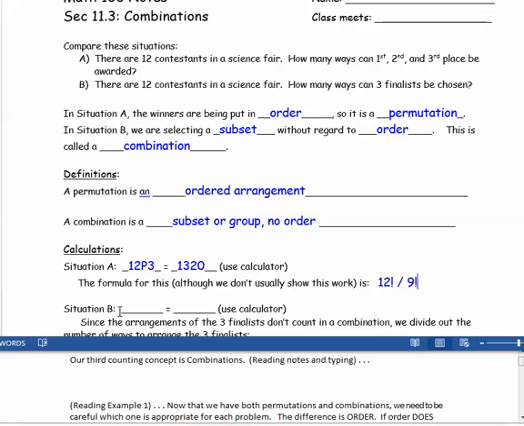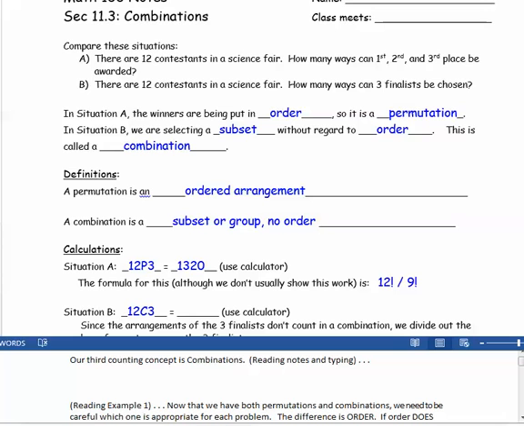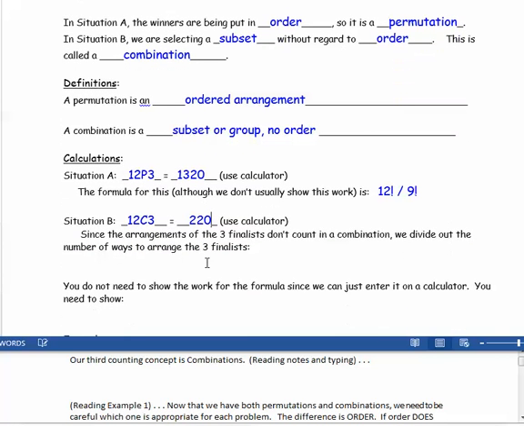In situation B, it's a combination, so it'll be 12C3, which equals 220. Well, that's less than the permutation, so where did that come from? It came from your calculator, but how did the calculator do it? Since the arrangements of the 3 finalists don't count in a combination, we divide out the number of ways to arrange the 3 finalists.